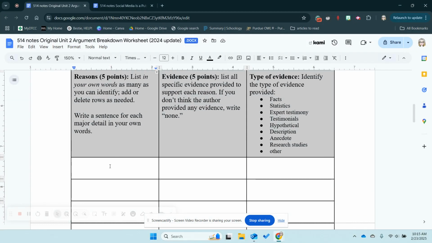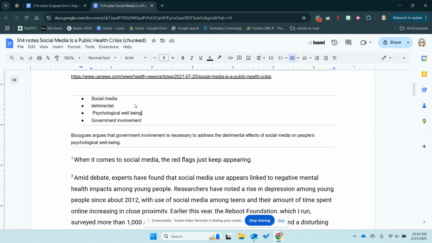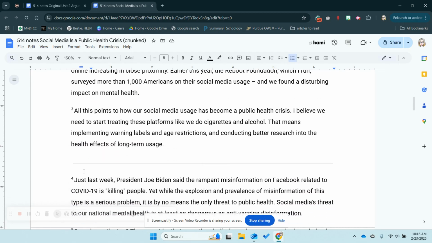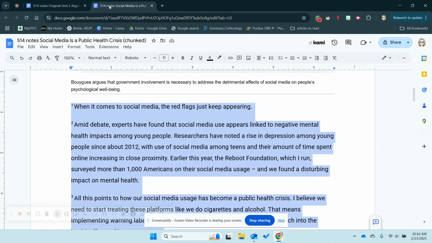I think that when you get this document, remember it says here, add or delete rows as needed. So I think some people are not really sure about that. This article that you're working with is already broken down into chunks with these lines, okay? So that means that the first chunk is paragraphs 1 through 3.